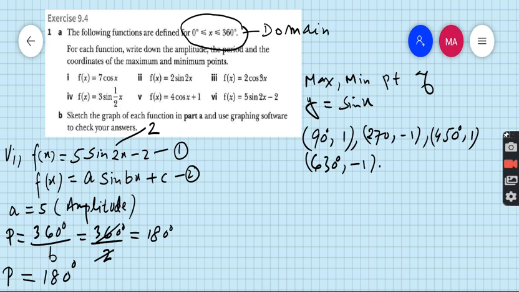Now we have to find maximum and minimum points according to our equation. Why we take 90 degree, 270 degree, 450 degree and 630 degree? There are two questions. Question number one is why we are not going beyond 630 degree.